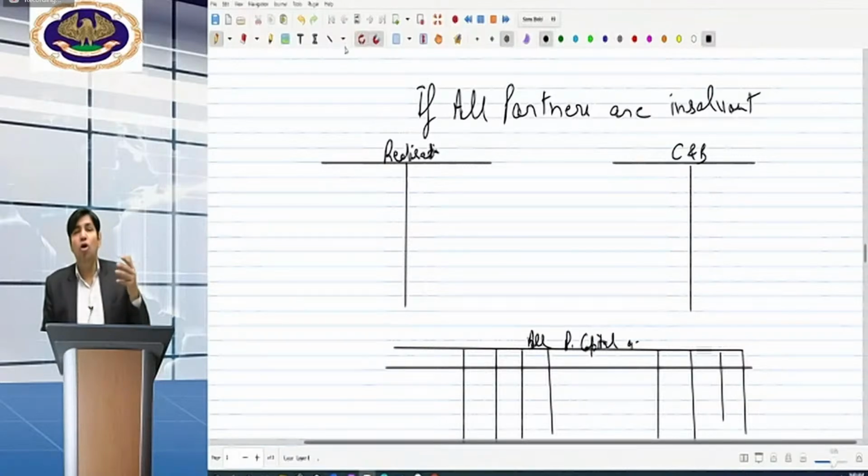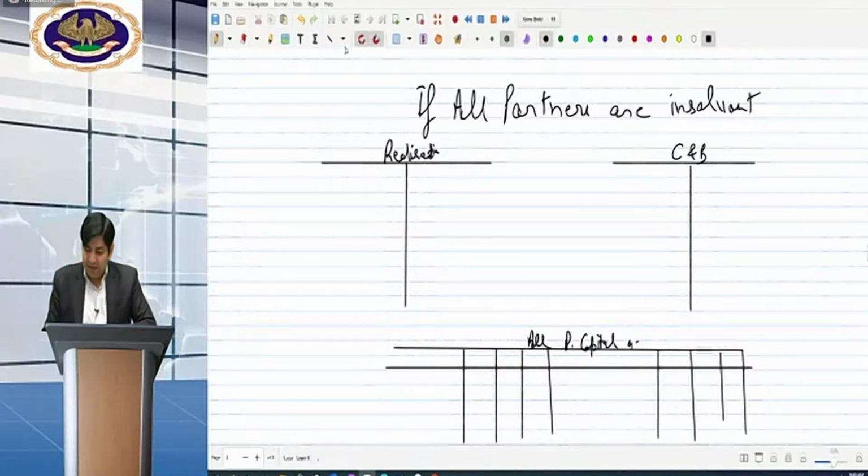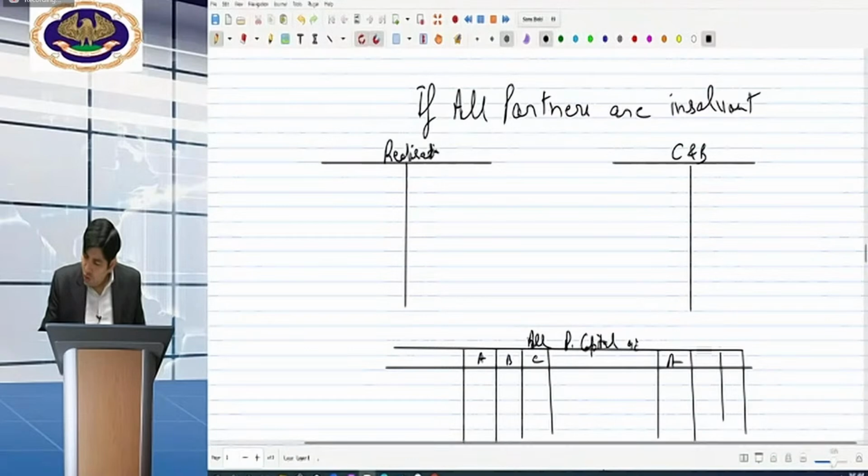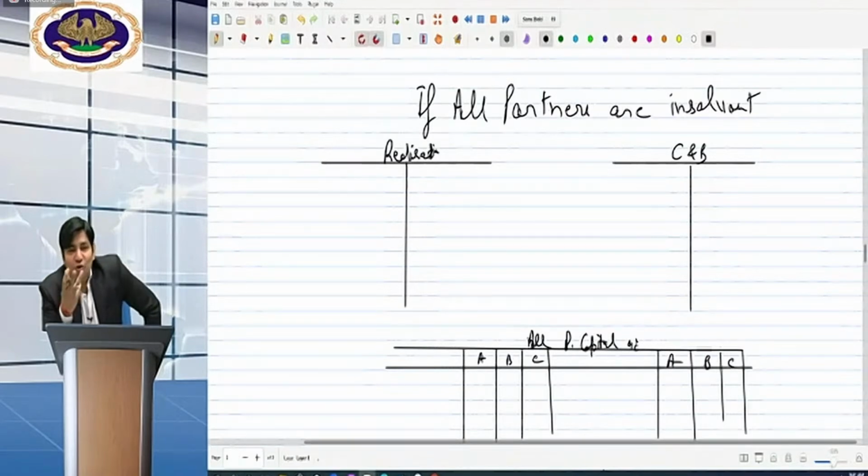Actually, all the wickets have gone in the cricket ground. A, B, and C are all insolvent. Then who will bear the loss of insolvency? Of course, the external persons, the creditors.